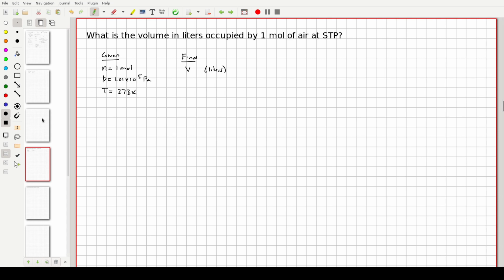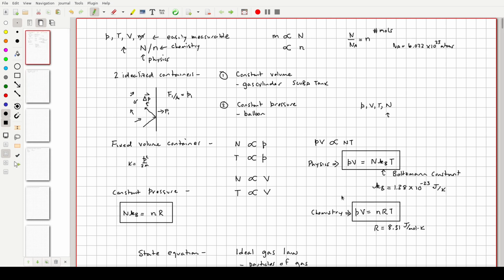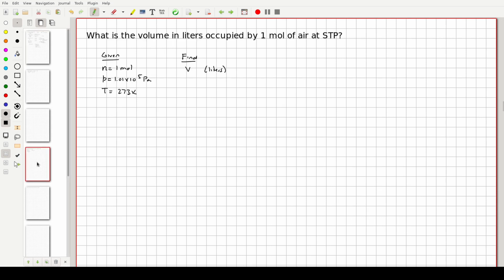So the version of the ideal gas law that I'd like to use for this particular one is going to be this one, the chemistry one, and that's because we're given number of moles. So here our state equation is PV equals nRT. We're trying to find the volume. The volume is just nRT divided by P. We have 1 mole.